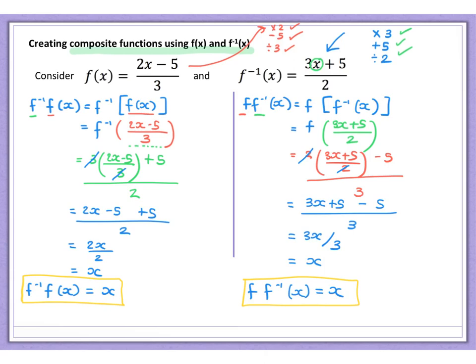So if you start with x and apply f to get to f(x), if you then apply f⁻¹, you get back to x. Similarly, if we start with x and we apply f⁻¹, we get to f⁻¹(x). If we then apply f, we get back to x. The function and the inverse are inverses of each other.